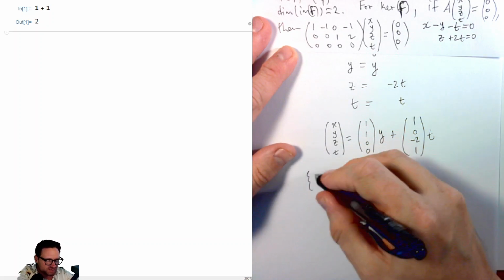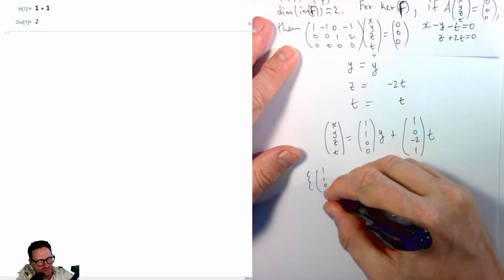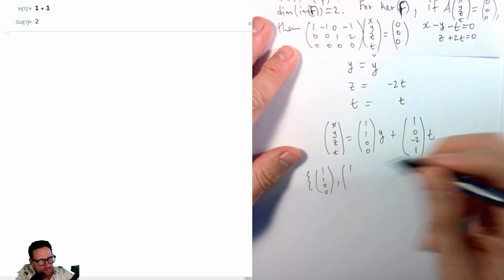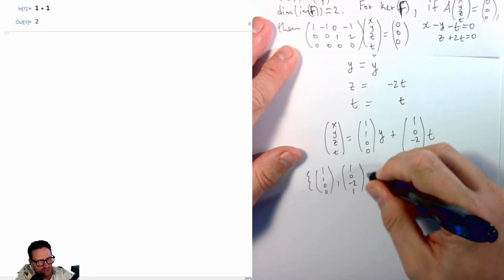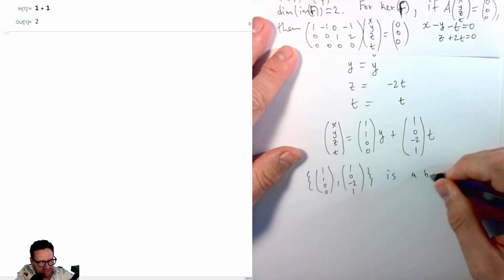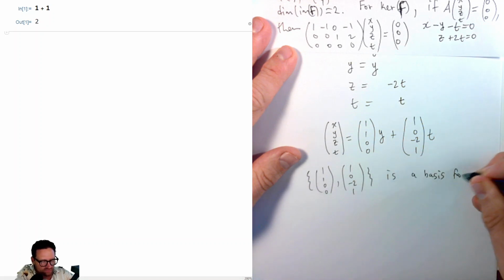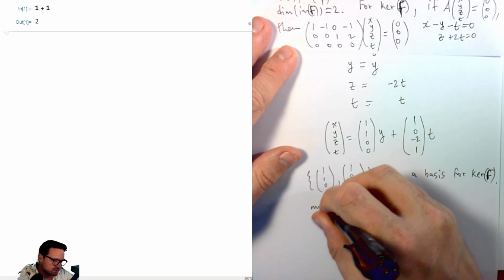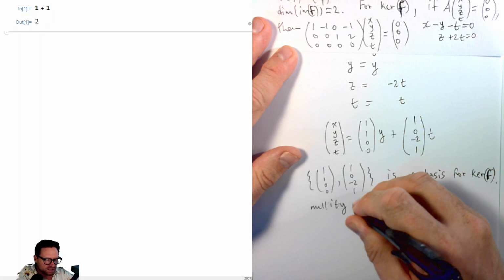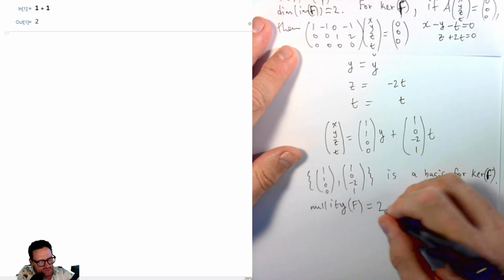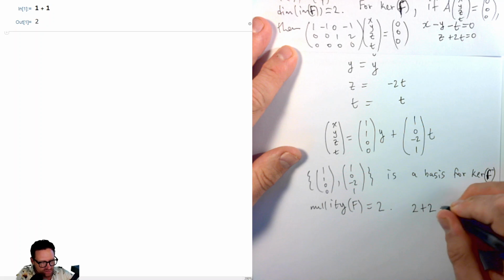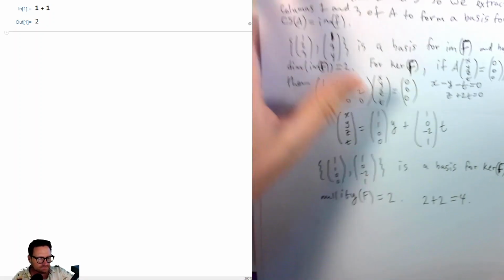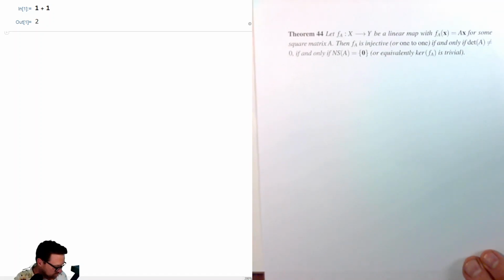So we get a basis for the kernel: 1, 1, 0, 0, and 1, 0, minus 2, 1 is a basis for the kernel of uppercase F. And notice nullity is 2 as expected. 2 plus 2 is 4. Okay, next page.